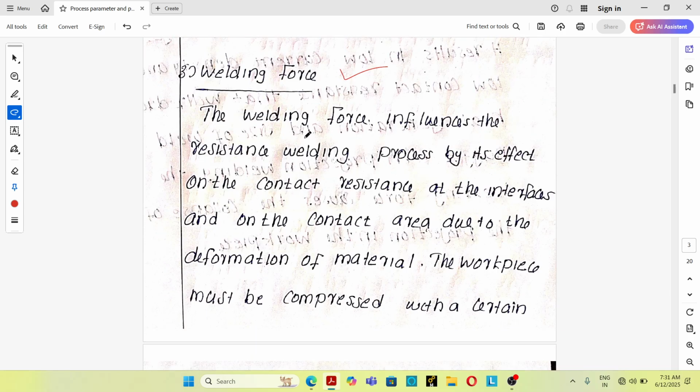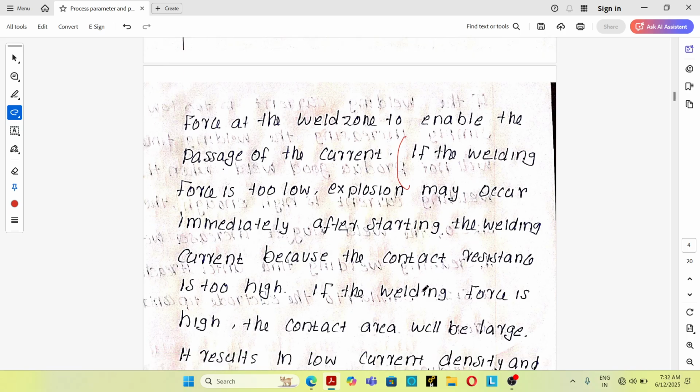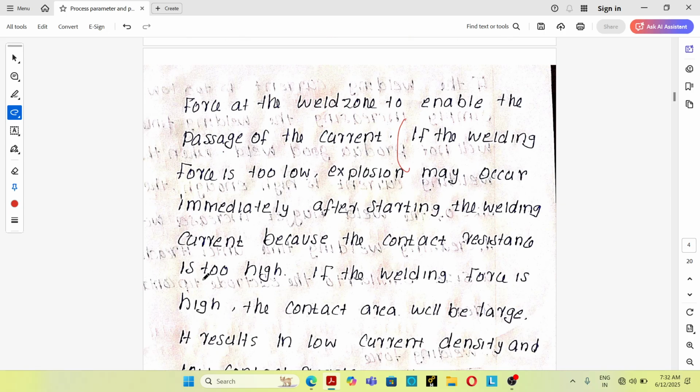Next one is welding force. See, if the welding force is too low, explosion may occur immediately after starting the welding current because the contact resistance is too high.